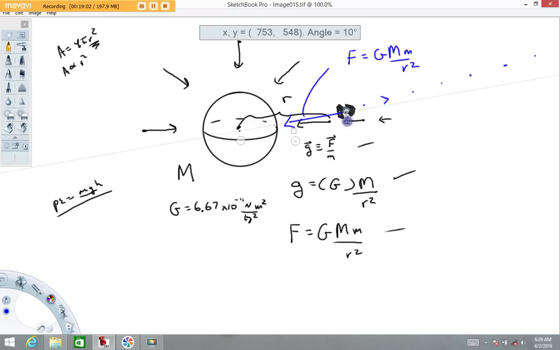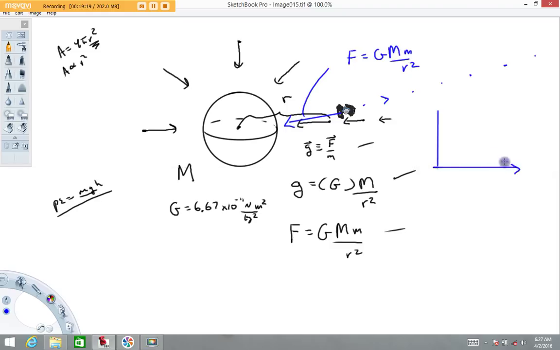I'm going to take a minute and just sketch a plot of the gravitational force against distance, against r here. That force looks something like this. It has some value when we're at this position, but as we get further and further away, it falls off. So this function has a shape. It looks something like this maybe, right?